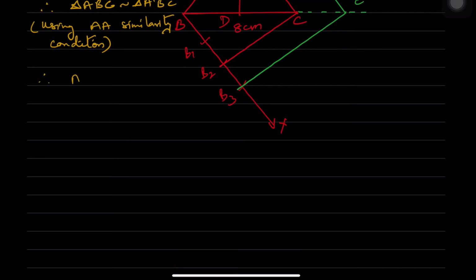Therefore we have A dash B by AB is equal to A dash C dash by AC, which is equal to BC dash by BC.